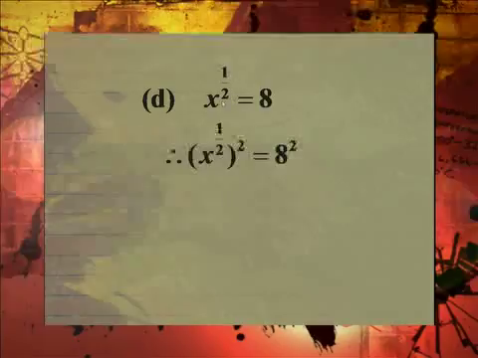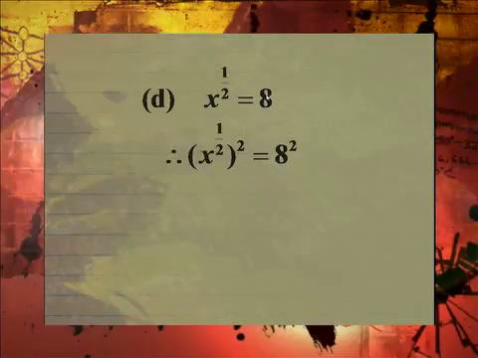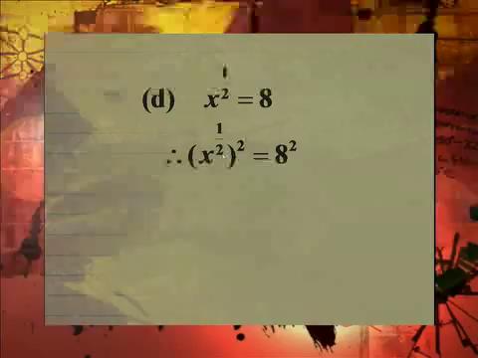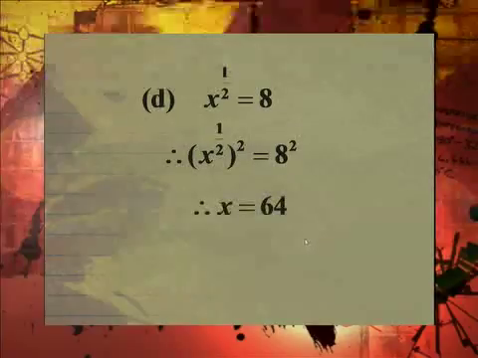But if the exponent is x, a variable, now we have a problem. We should always try to manipulate the right to make the same bases. Now we have this equals 8 squared. And then this will now cancel. Then x is equal to 64.